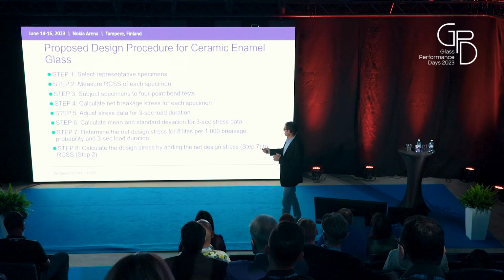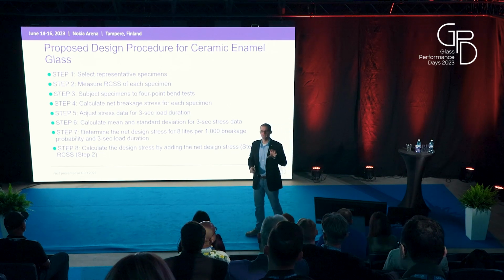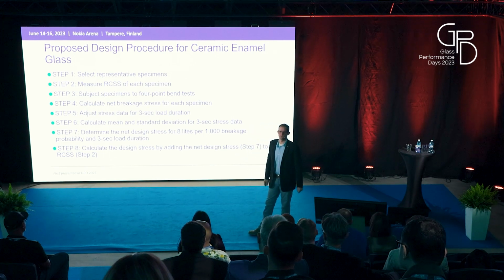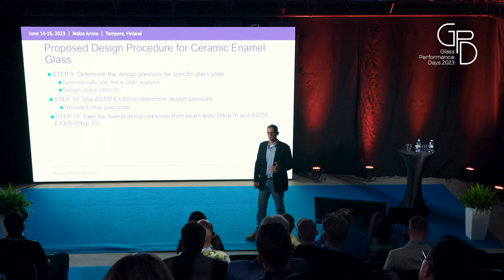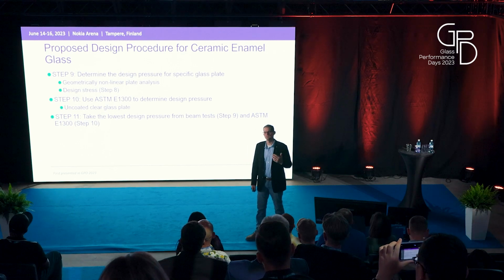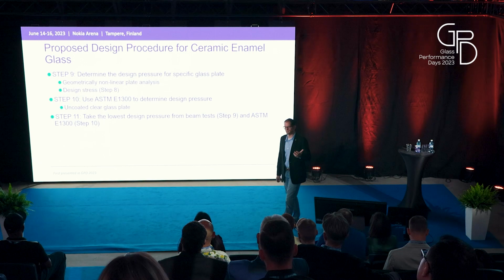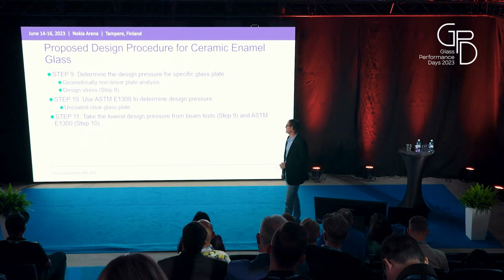Now, step 8, what we're going to do is take that net tensile design stress, add back our residual surface compression, and it'll give us our total design stress. From there, everything is your normal design process. You're going to figure out what is your stress in your glass plate. So that'll be your typical geometric nonlinear analysis, run a finite element model, however you get those stresses.